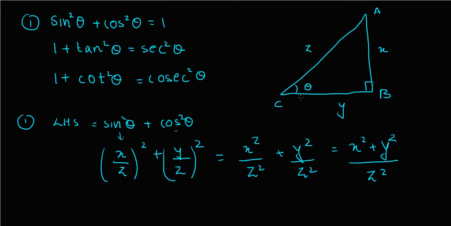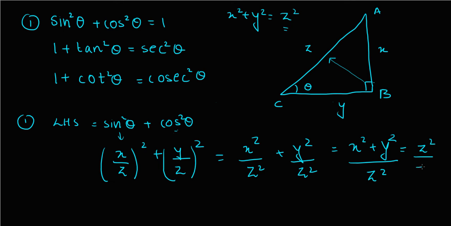Now since ABC is a right angle triangle, by Pythagoras theorem I have x square plus y square equal to z square. The sum of the squares of two sides is equal to the square of the hypotenuse. Hypotenuse is the side opposite to 90 degrees. So x square plus y square is equal to z square.